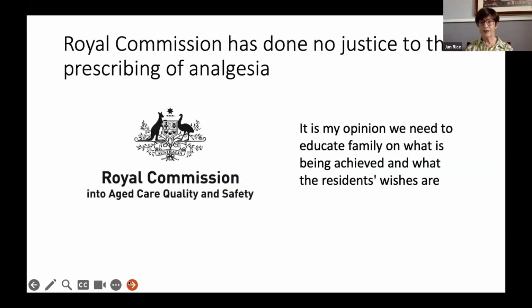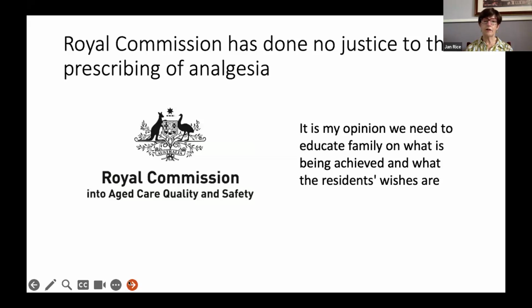It's my opinion, and I need to preface that, but I've had dealings with the Royal Commission, and I think they've done us an injustice. They have listened to families and relatives complaining that by mum having analgesia, she's sedated, and there's been a knee-jerk reaction to this, and so consequently GPs are almost frightened to order appropriate analgesia now.